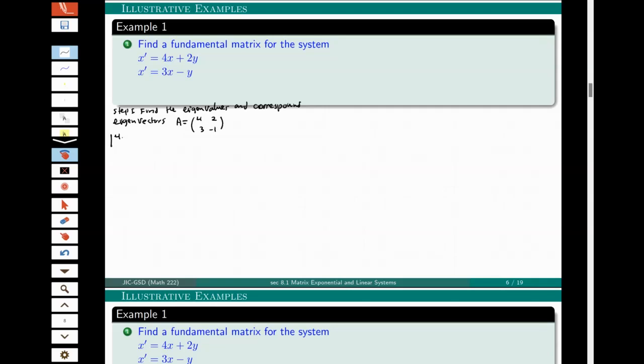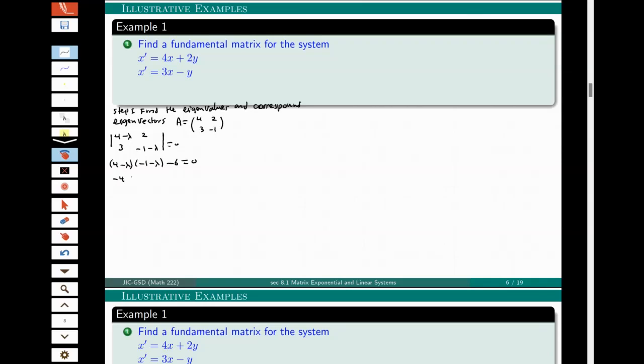So we will say it's 4 minus lambda, 2, 3, and minus 1 minus lambda, equal to 0. So it will be 4 minus lambda times minus 1 minus lambda, minus 6 equal to 0.